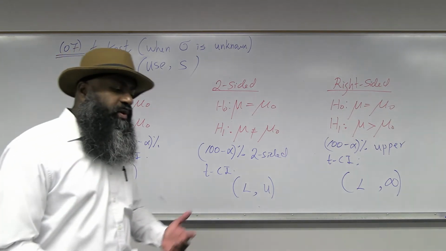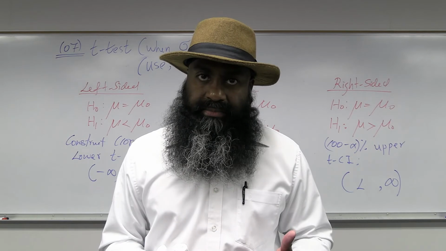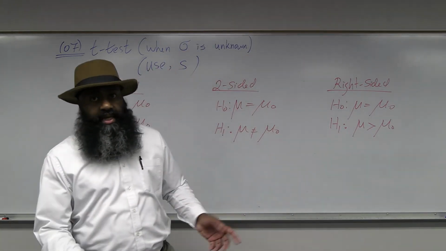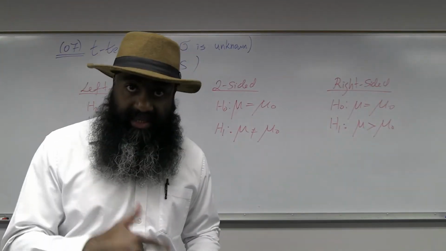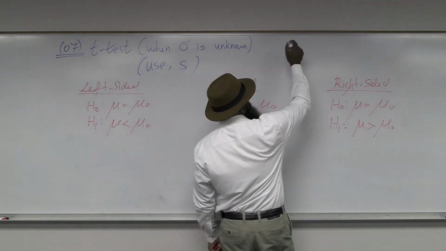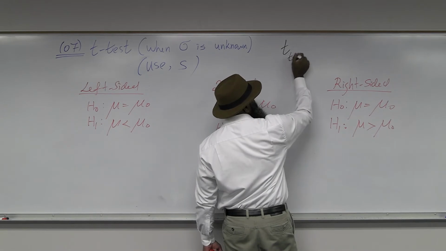And then we can go for the test statistic and critical value method. We have these three forms of tests, left-sided, two-sided, and right-sided tests. And there's just one equation for the calculation of the test statistic. Just like in the Z test statistic calculation, we have a similar equation for T test statistic.